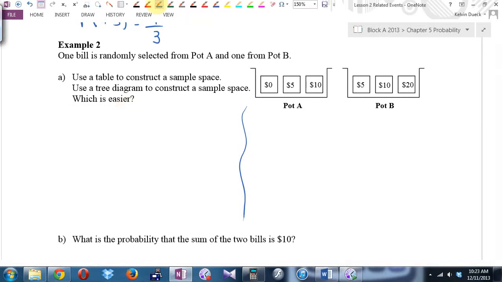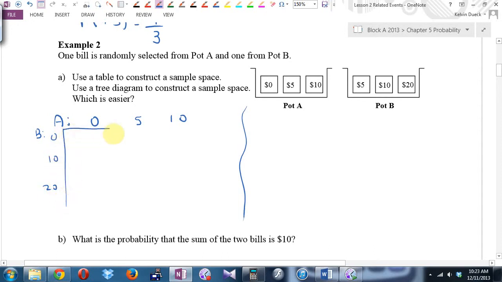Let's try this again. I would go like this. So we have pot A, and you can get a 0, a 5, or a 10. And then there's pot B, and you can get a 5, a 10, or a 20. And the possible outcomes, I guess, are 0 from A, 0 from B. Oh, sorry, B doesn't have a 0.